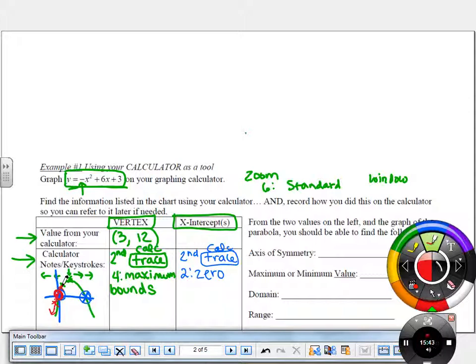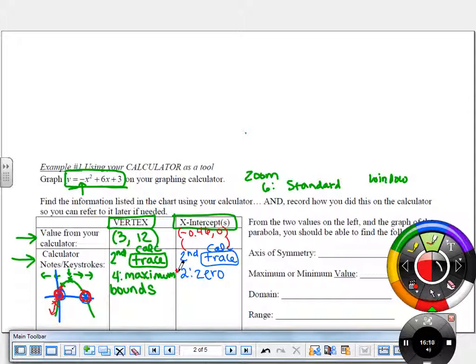One of the x-intercepts that you should get then is negative 0.46, and then we're going to go ahead and find the other one. So we're going to repeat this procedure focusing on this x-intercept over here on the right. So again, second trace, which will get you to the calculate menu, and choose choice 2, which is zero.